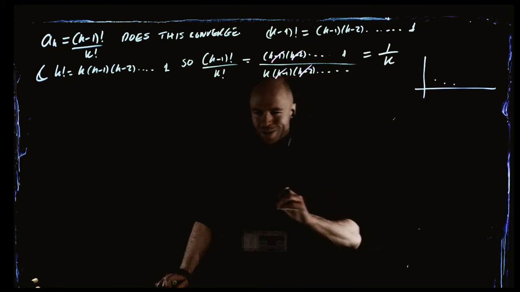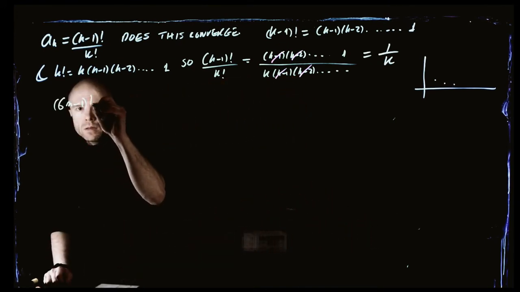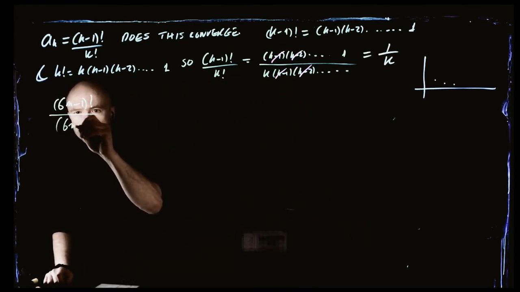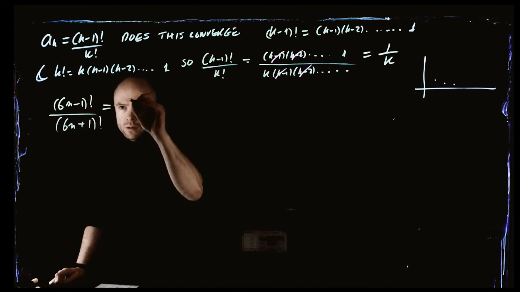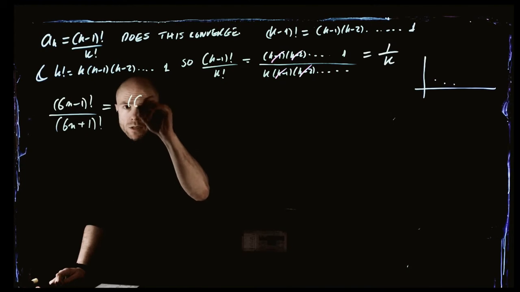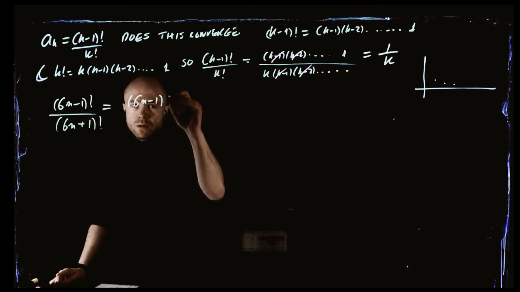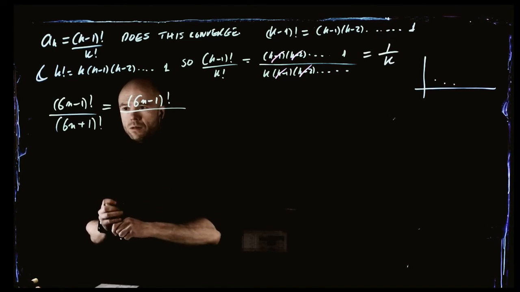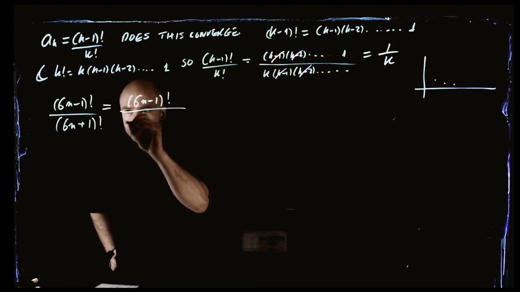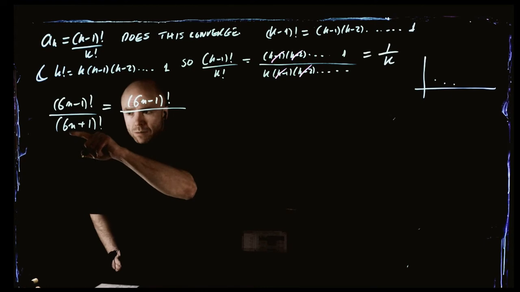Well, give me an example. Okay, so it's going to be something similar, right? So let's look at this. We're going to keep the 6n minus 1 factorial like this, and let's write out what 6n plus 1 factorial is.